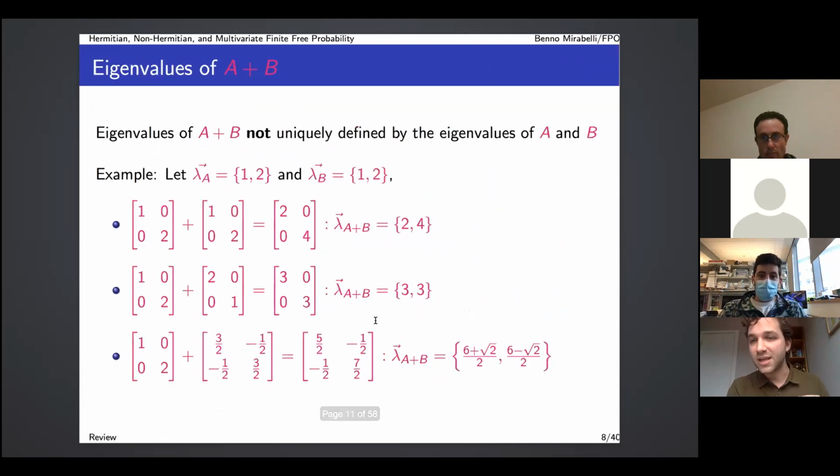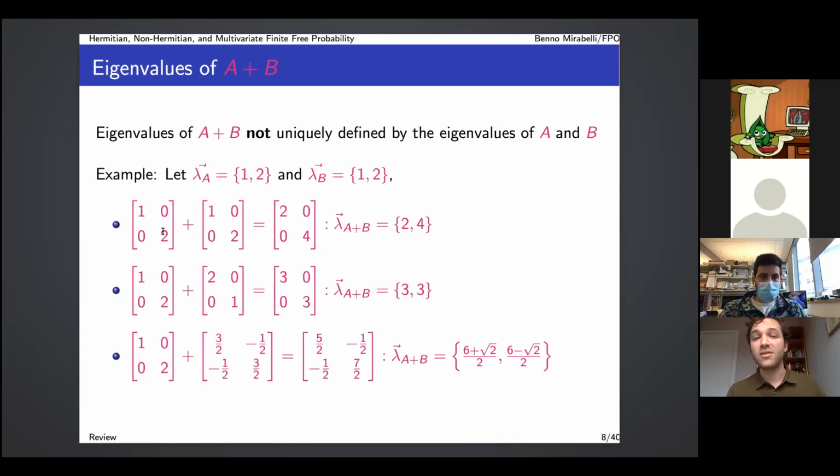But as I said in the beginning, in finite free probability, we don't just care about individual matrices. We want to study sums and products of these matrices. And even if I know all of the eigenvalues of two Hermitian matrices, that doesn't uniquely determine the eigenvalues of their sum, for example. So here I have 3 examples where I know that the eigenvalues of each of these matrices are 1 and 2.